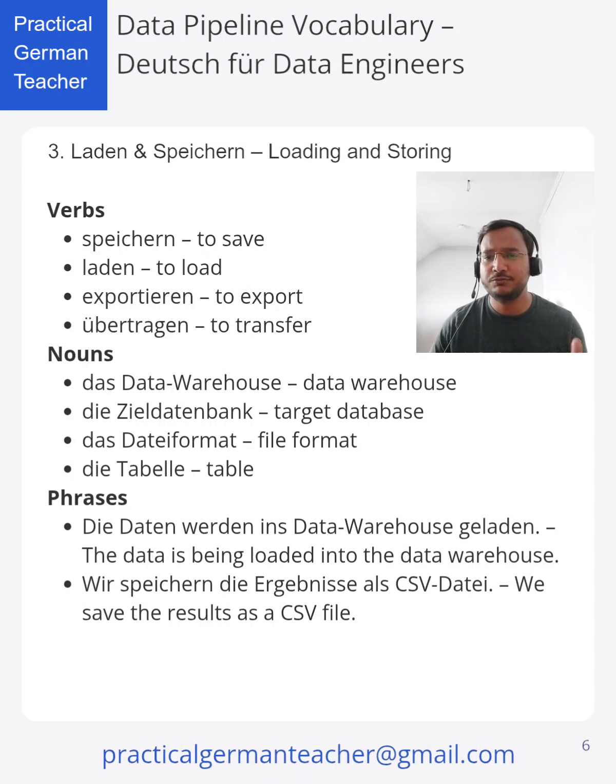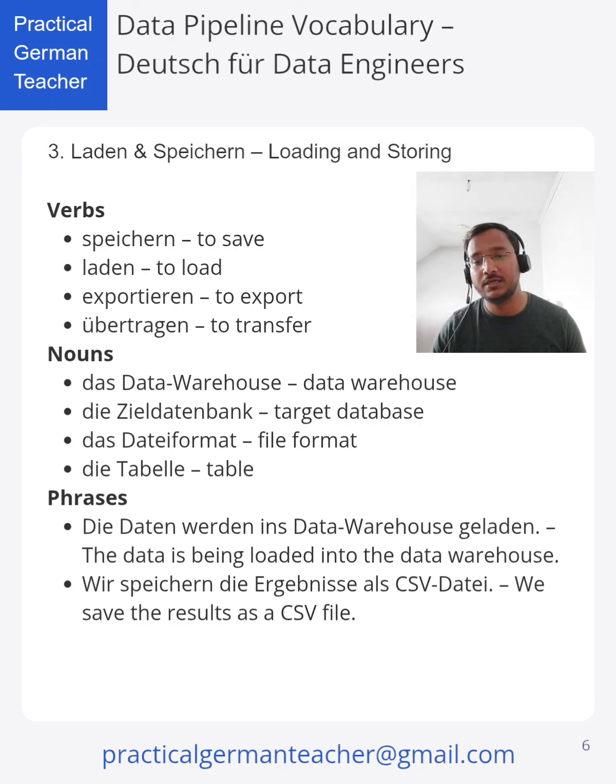Next up, time to move that data somewhere into a warehouse, a target database, maybe just a CSV file. Useful verbs are speichern to save, laden to load, exportieren to export, übertragen to transfer.